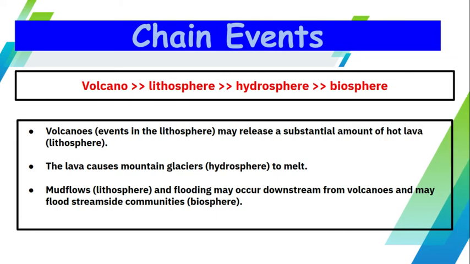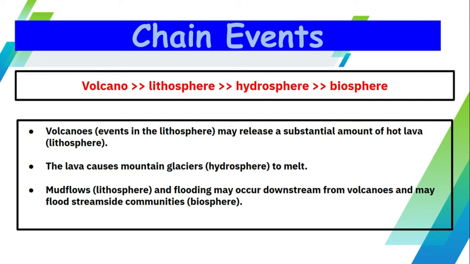Volcanoes, which are again events in the lithosphere, may release a substantial amount of hot lava, which is also coming from the ground, so that's lithosphere, right? Lava causes mountain glaciers, which is part of the hydrosphere, actually cryosphere, to melt.